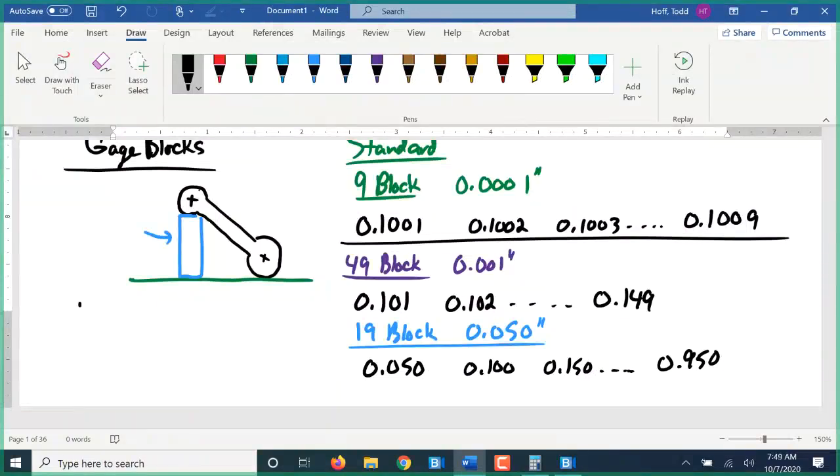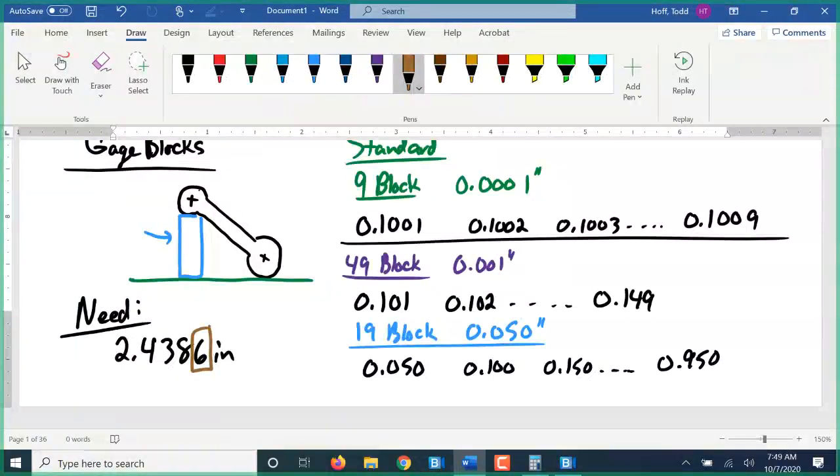So if I need to build something that is precisely, and now precisely I mean to the 10,000th of an inch, 2.4386 inches in size, what we do is we start working with the last digit, the 6.